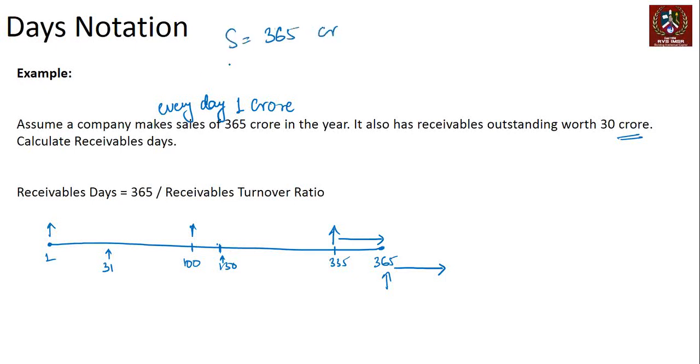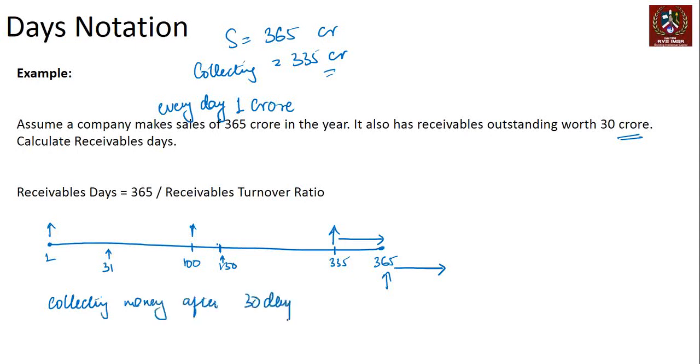That's the sales number. They are collecting only 335 crore, which means 30 crore is going to come later, which basically conceptually gives us an idea that you are collecting the money after 30 days.